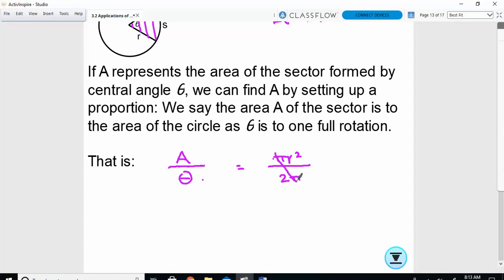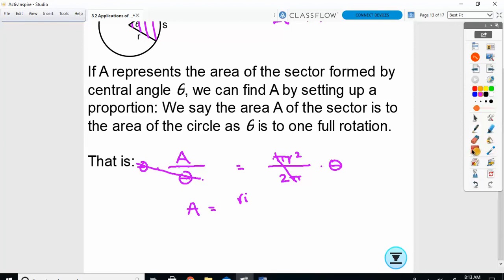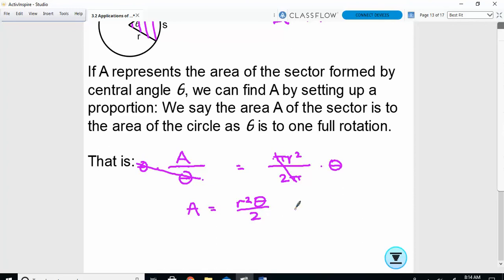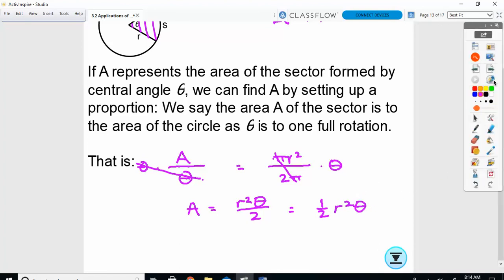What happens to those pi's? So if I wanted to solve for area, you can multiply over your angle. So we get r squared theta over 2. Another way we can write that is 1/2 r squared theta.